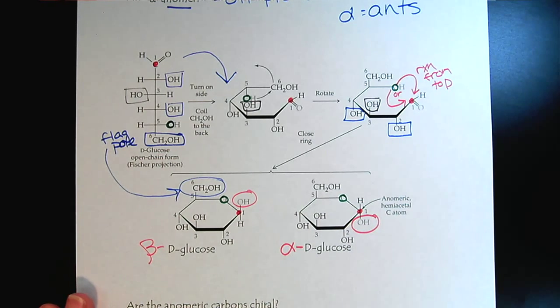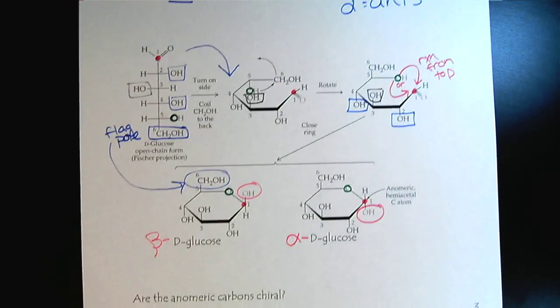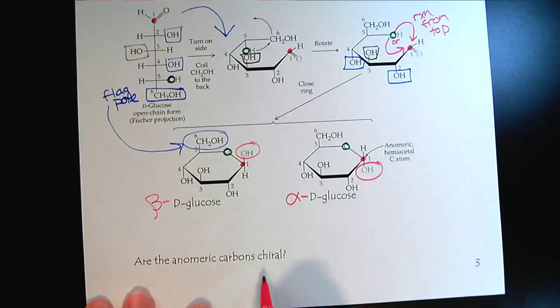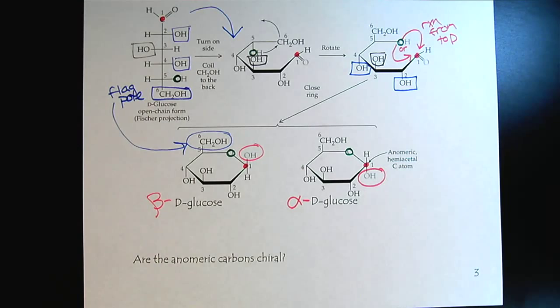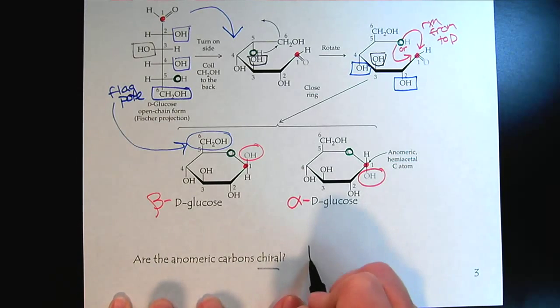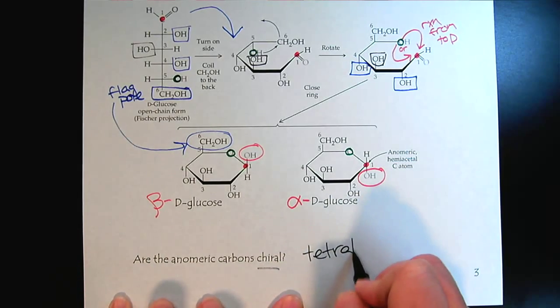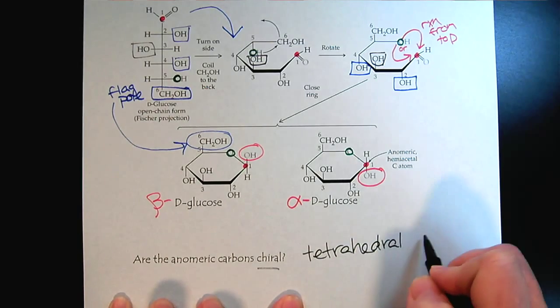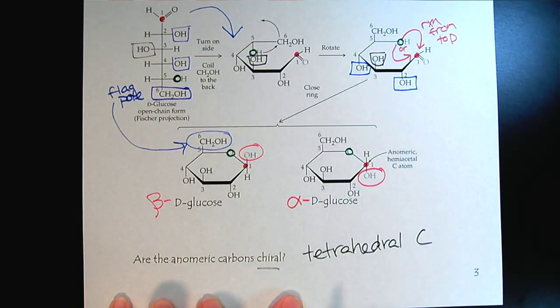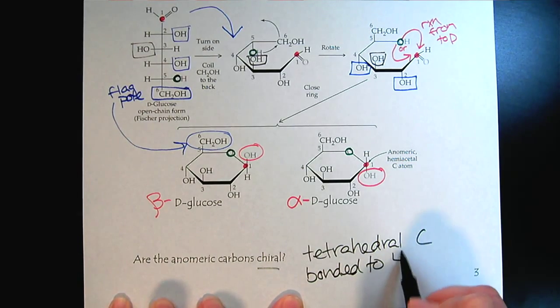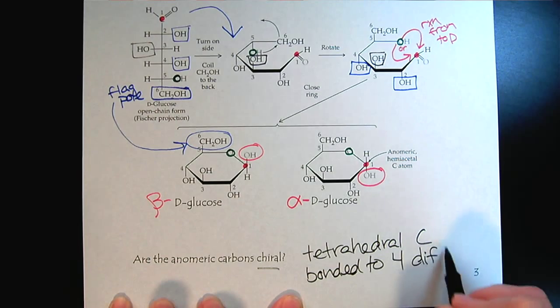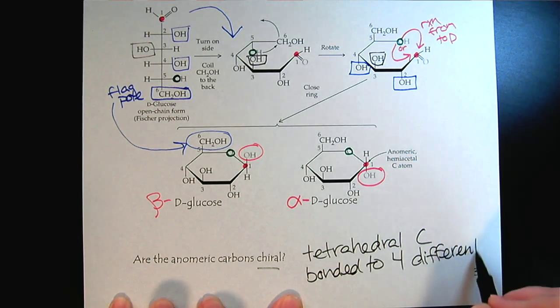And then let's look a little more closely here. We've been introduced to the idea of chirality, right? So remember that a chiral carbon is a tetrahedral carbon bonded to 4 separate groups, and maybe different is the best word to use there, 4 different groups.